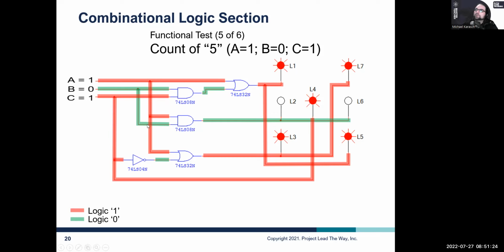Down here, one of my legs is a 0, one of my legs is a 1. But this is an AND gate, so the output is a 0. So L2 and L6 don't light up. Well, that's what I want. That's good. And down here, my OR gate's got a 1 on it. So it lights up L7 and L3.